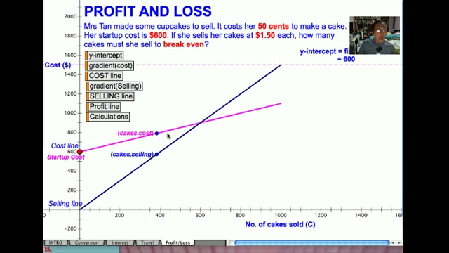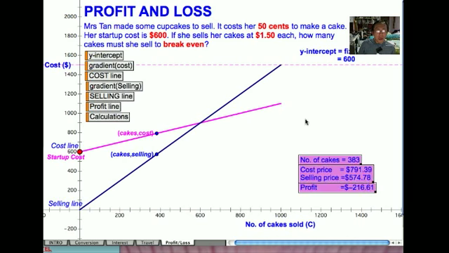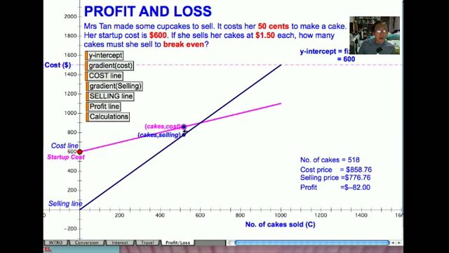Next, we take a look at the graph in more detail. In this case here, you can see that the cost price is above the selling price. This will result in a loss. As we move the points, we will reach a point whereby there is no loss and no gain.